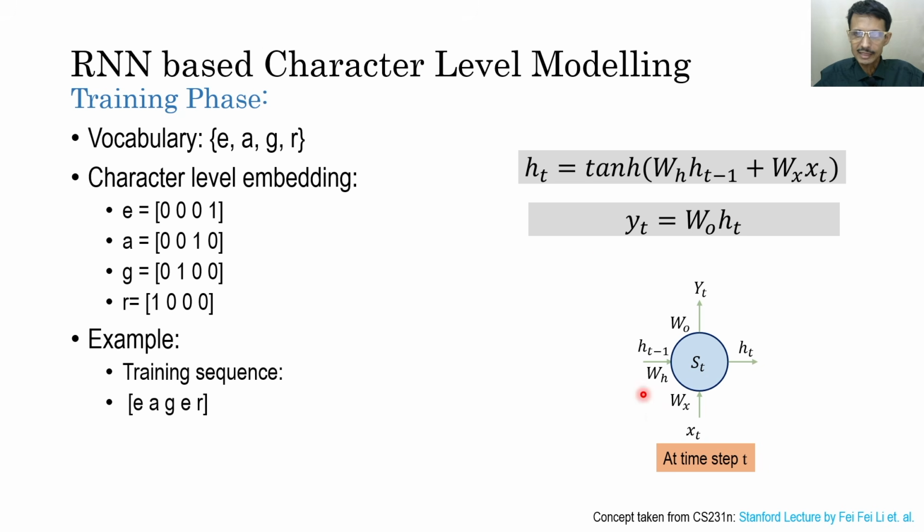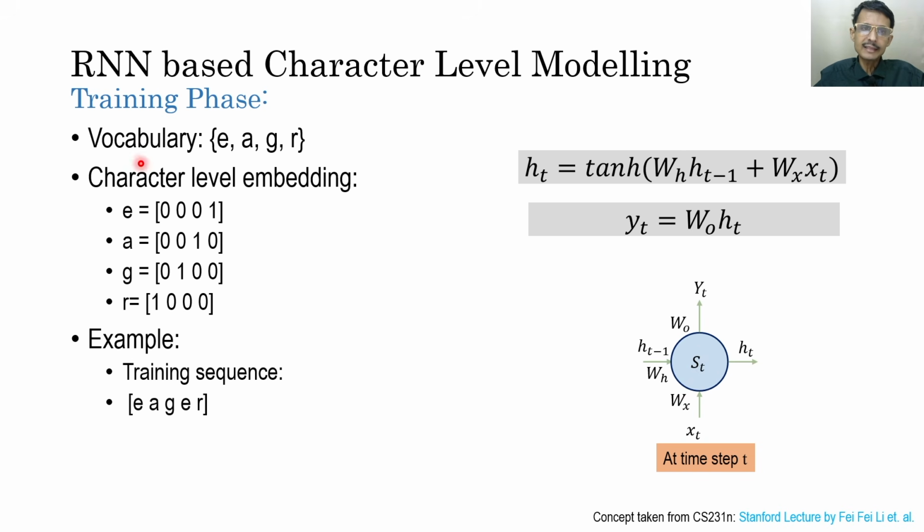That was our basic understanding from this diagram. At a time step, XT is our input with weight matrix WX, from HT minus 1 the previous state with matrix WH. W is the weight matrix of the output, and the next state input is HT, that is state ST.